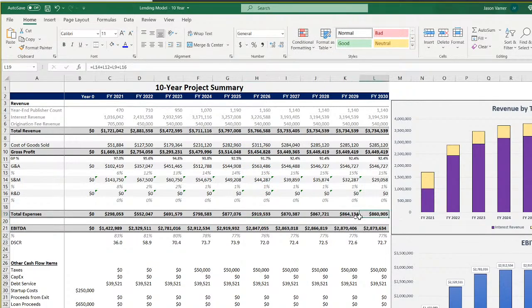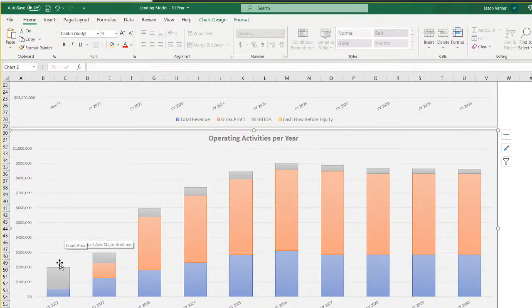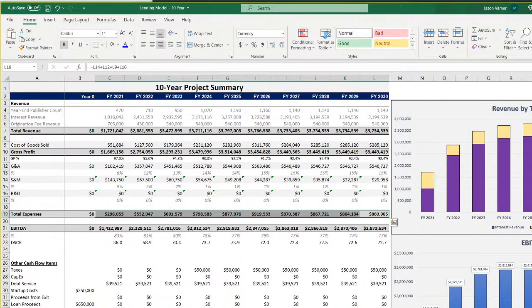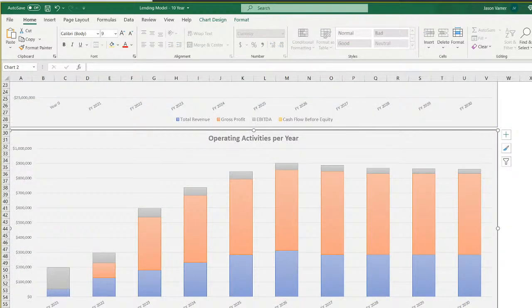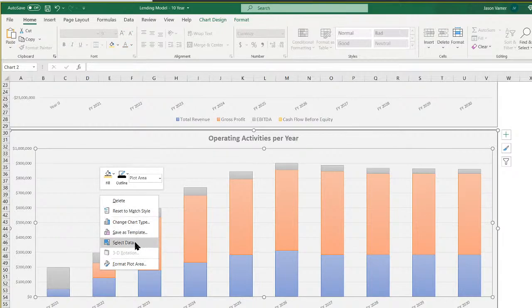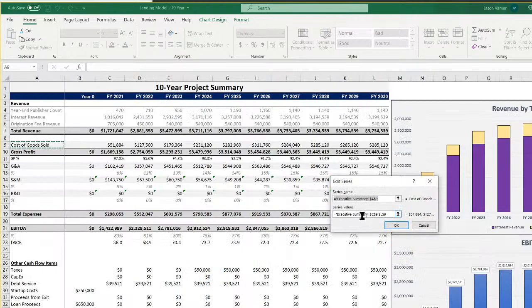So it should mirror this. 3, 5, 7. Oh, wait. This is only 200 the first year. What are we missing? Cost of goods sold.